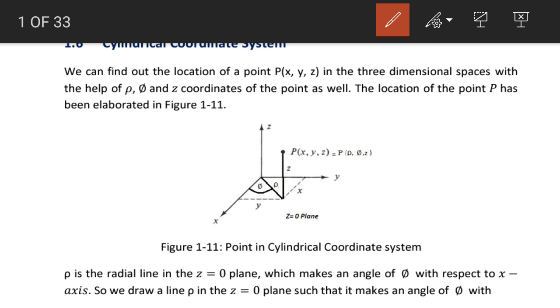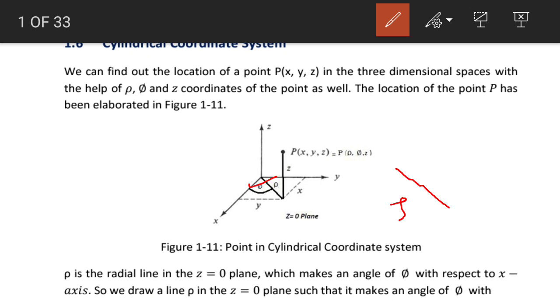So in order to draw this point with the help of these three cylindrical coordinates, we draw a line rho which is in the z is equal to 0 plane, and this line makes an angle phi with respect to the x-axis. So we draw this line rho in the z is equal to 0 plane such that this line makes an angle of phi with respect to the x-axis.